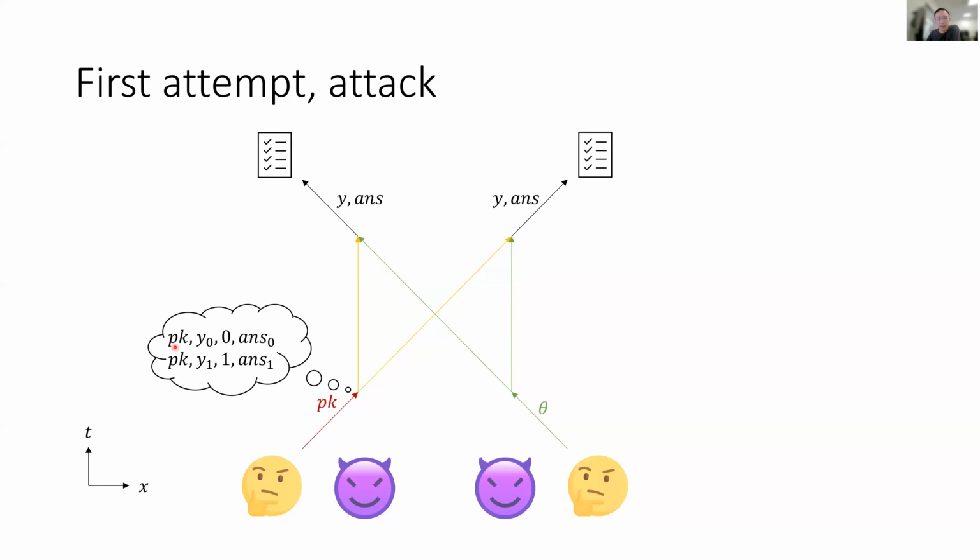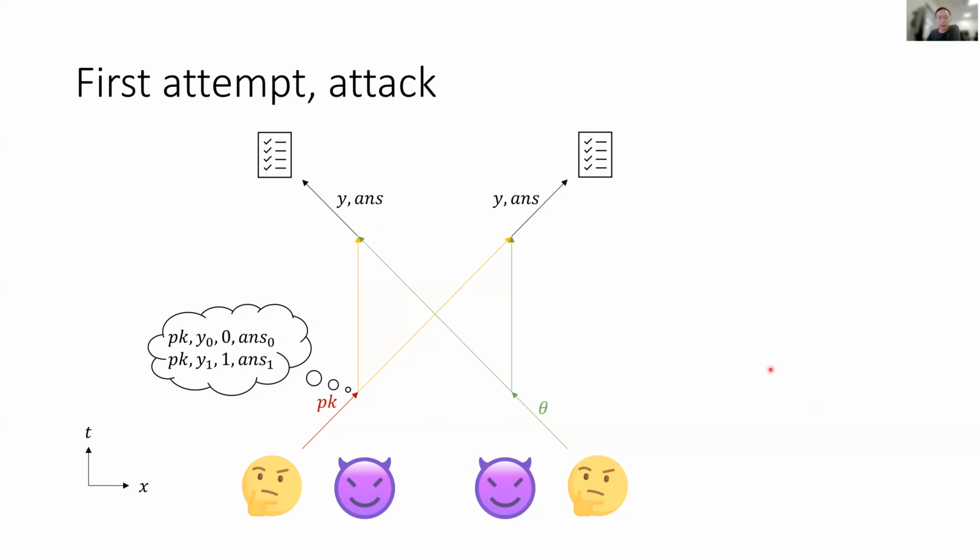So in particular, he is going to guess theta is 0, and then run the protocol once with theta being 0, and then guess theta being 1 and run the protocol with theta being 1 and get another transcript. And then after 1 round of communication where the adversary on the right simply forwards theta, they can simply pick out the transcript that corresponds to the correct theta and then report the correct y and x to both parties. And this actually simulates the honest prover perfectly.